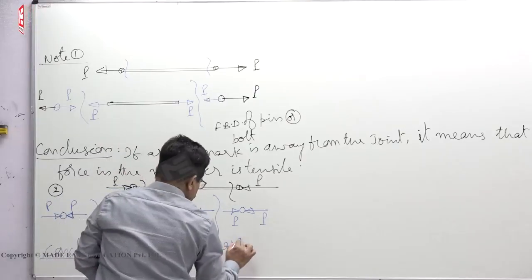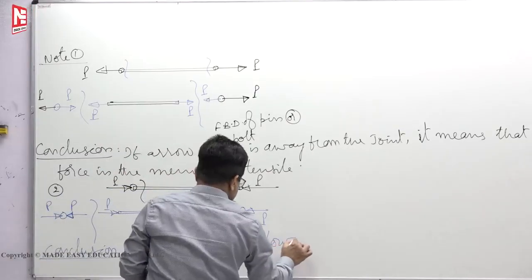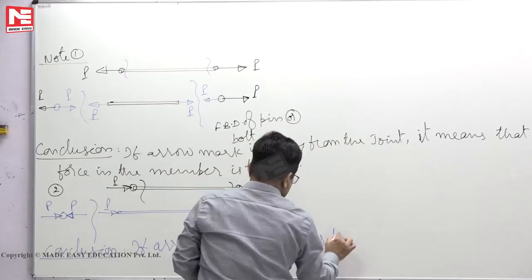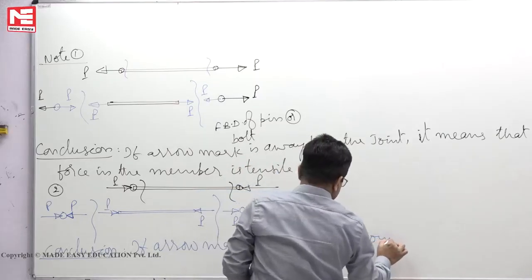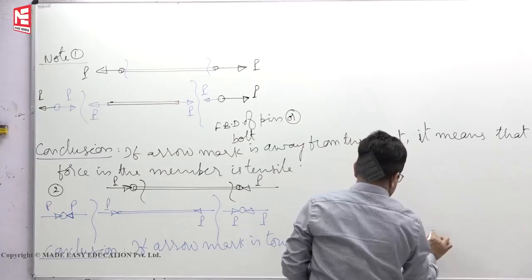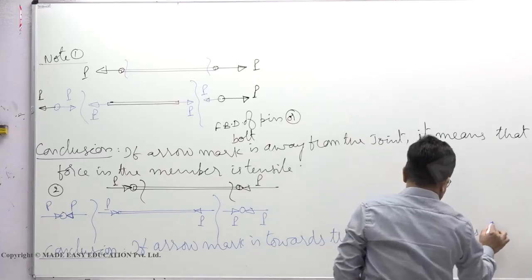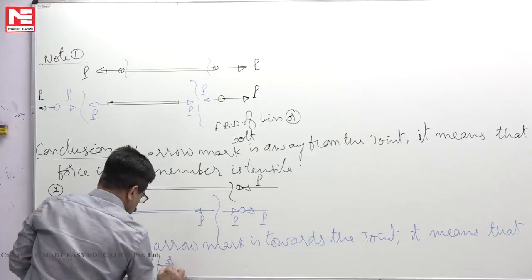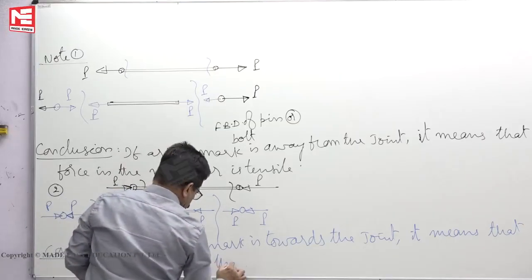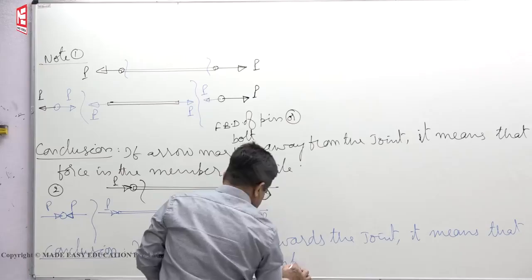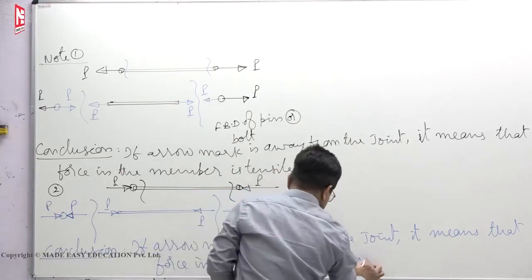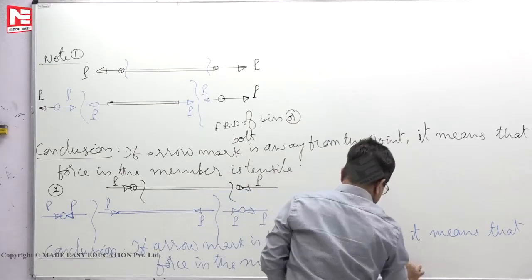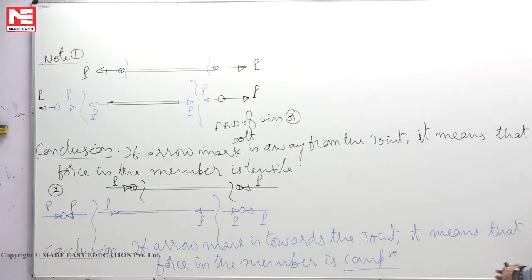If arrow mark is towards the joint, it means that the force in the member is compressive. This is the second observation.